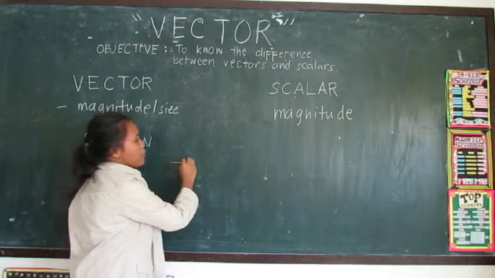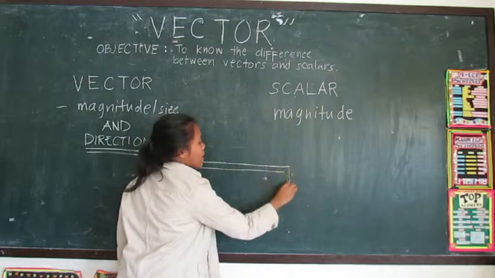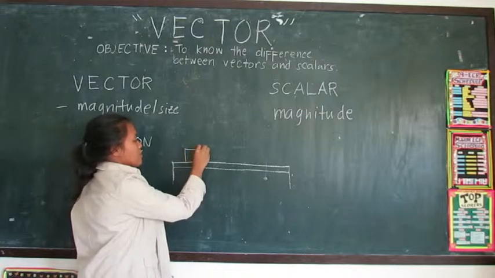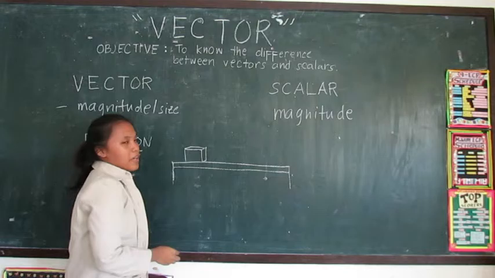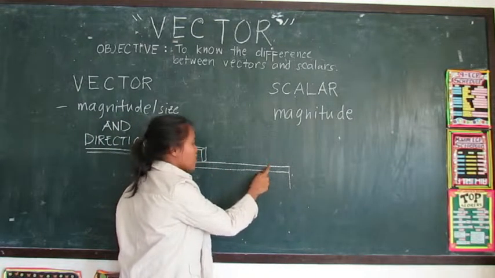Here, this is the ground or a table. And I have a box. My objective is to move the box from here to there.